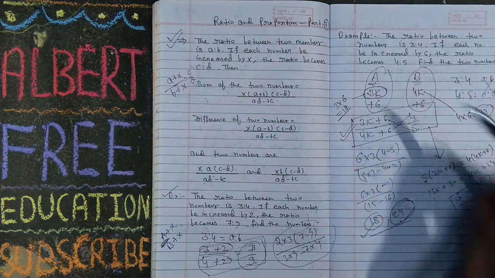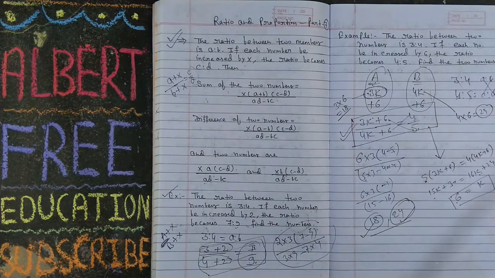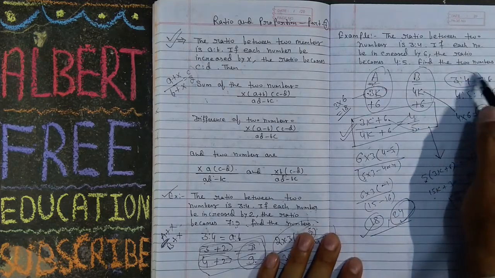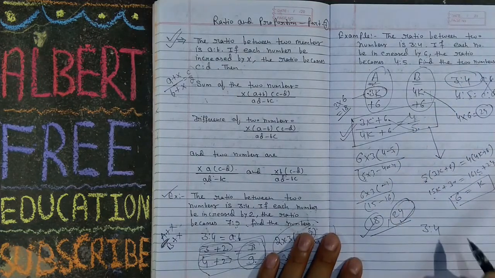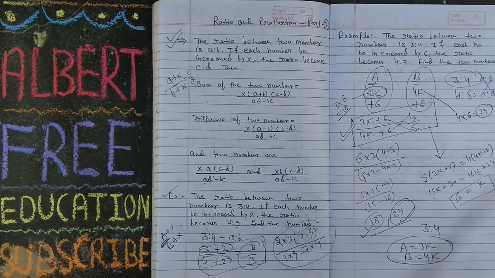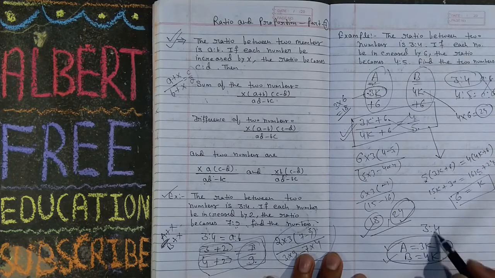Or you can use the old high school method. If someone has given you a ratio, it means that A is equal to 3k and B is equal to 4k. You have to remember, this is the meaning of ratio. Why k?